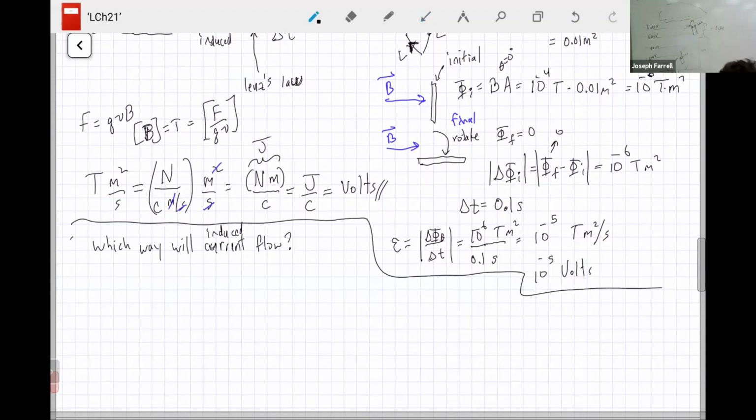And so the answer, if that's the question, is something called Lenz's law. It has a very peculiar statement, but it's not that bad once you get used to it.